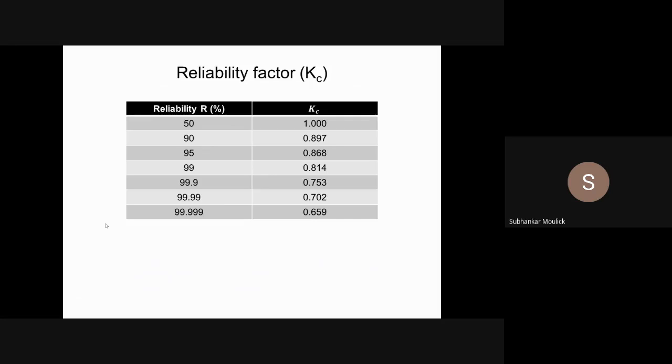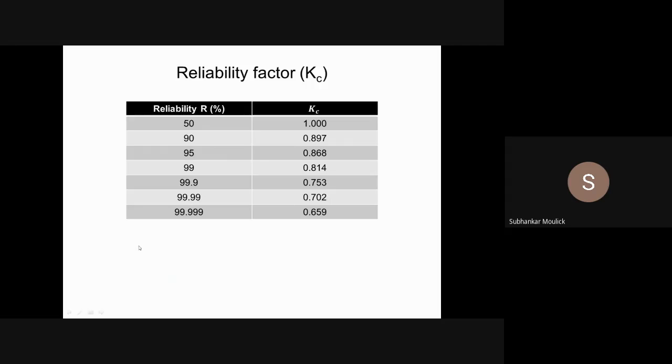So on the basis of different reliability percentages, different values of KC are available in the chart. If the reliability of any particular component is 50%, then you have to take KC as 1. If the reliability is 90%, the value of reliability factor KC will be 0.897. If the reliability is 99.99%, the value of KC is 0.702, which is again given in the design data book.